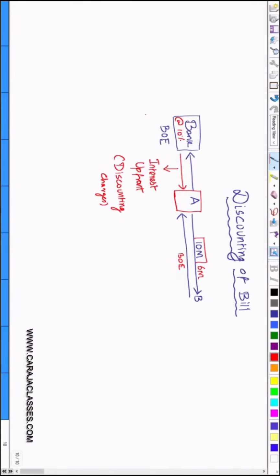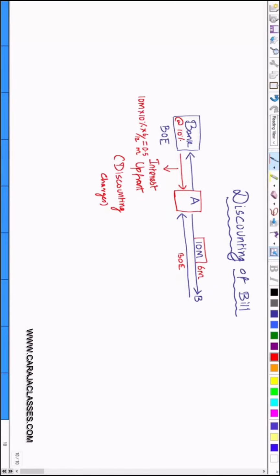So on 10 million the bank should charge 10%. That works out to 1 million per annum. Okay, but the credit period is only 6 months. So they will charge only for 6 months, right? 6 by 12. So on 10 million, 10%, for 6 months, it is going to be 0.5 million.